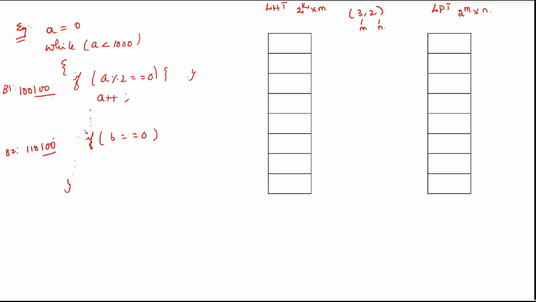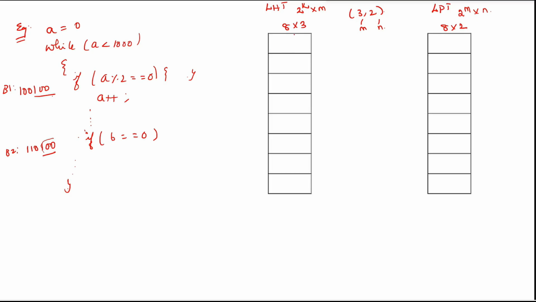I have taken k as 3 bits, so 2 to the power k is 8, so 8 into 3. And 2 power m is again 8 into 2.